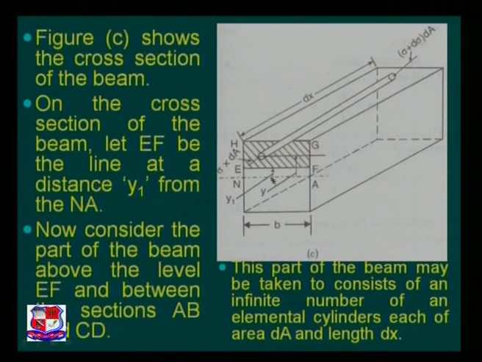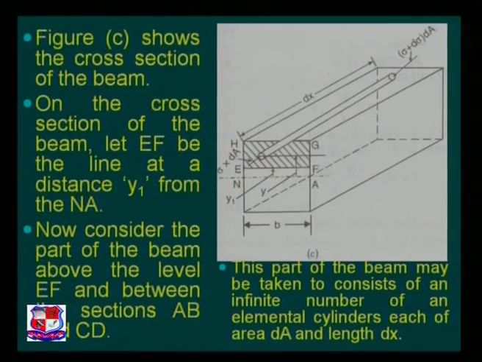If you want to visualize very clearly this 3D view of a beam, you can visualize that this is my neutral axis which passes through the centroid of the figure, and EF is the line which is available at distance y1 from the neutral axis.